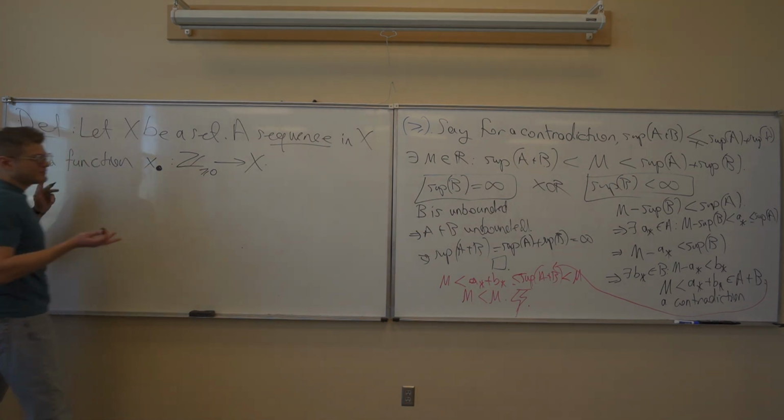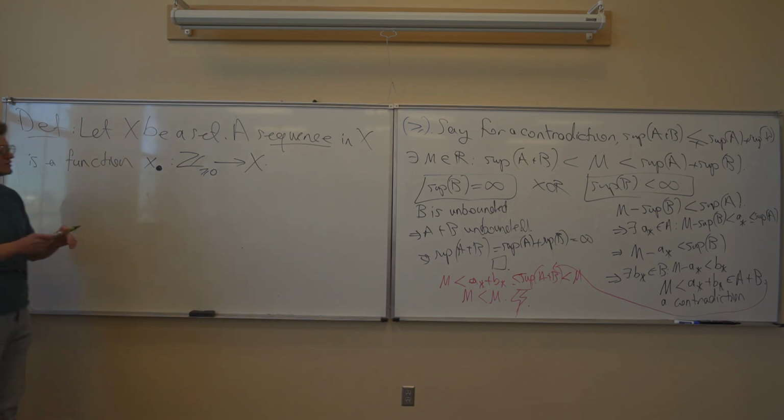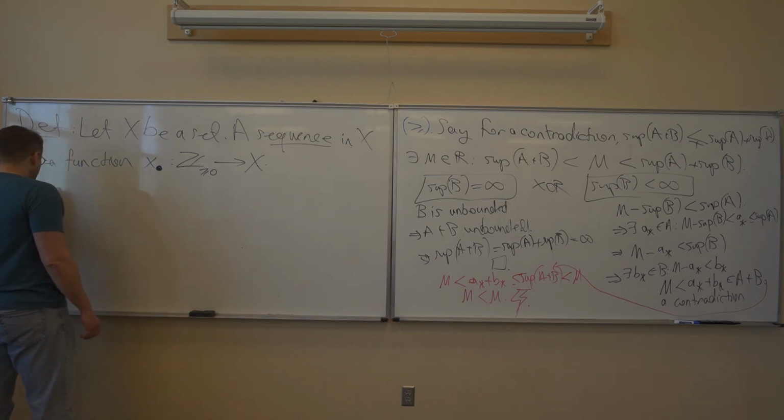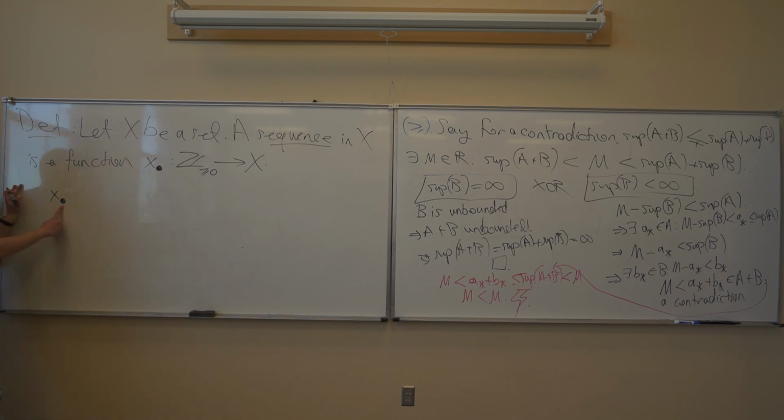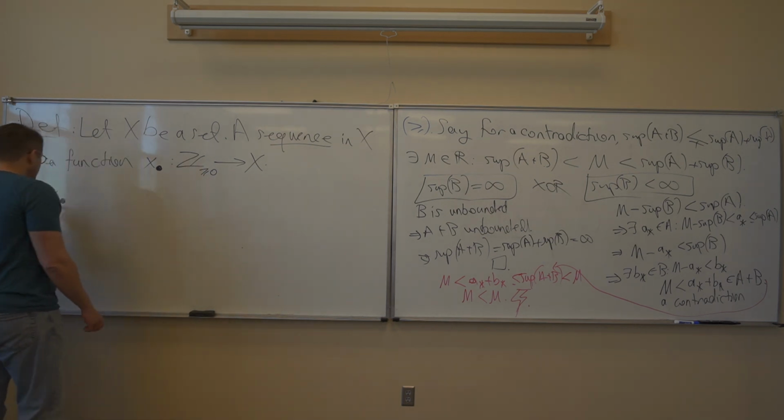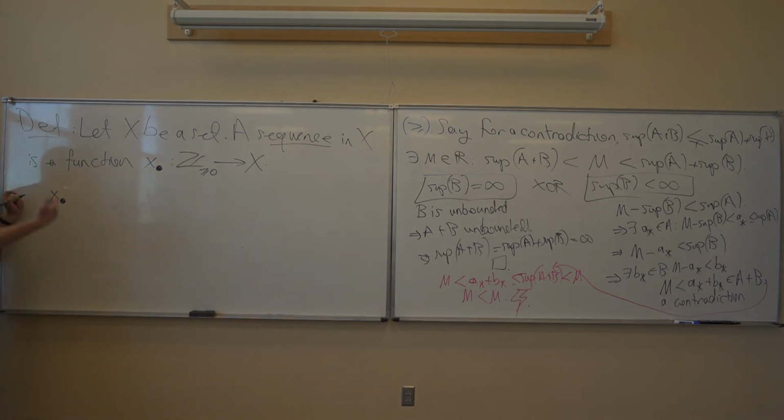Now, you see a bunch of different notations for this. Maybe I should mention that and we'll be done with this. So I'm going to be typically using this thing. This bullet signifies a placeholder. So I'm going to say x sub n is the value of the sequence x bullet at time n.